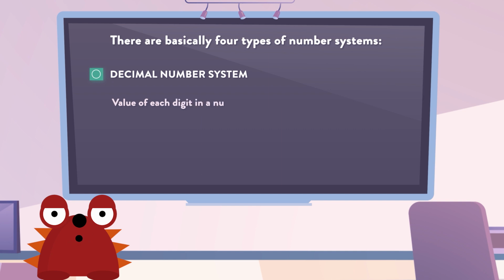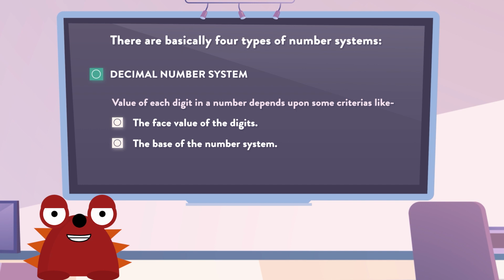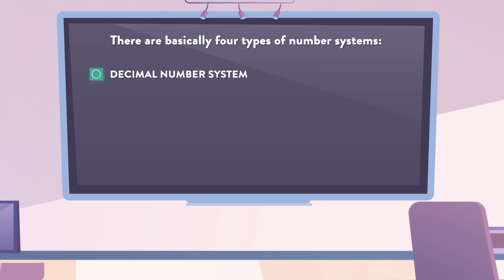Thus, we can say that the value of each digit in a number depends upon some criteria which are mentioned below: the face value of the digits, the base of the number system, and the position of the digit in the number. In our example, the face value of the number is 1, 2, 3, 4, and the place value for the number 4 is ones followed by next number 3, whose place value is tens, 2, whose place value is hundreds, and 1, whose place value is thousand.